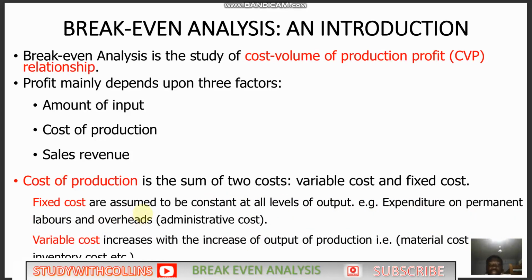Before you can set up a business or a factory, you need to rent a place or buy a land. So the money that you use to purchase a land or rent an apartment or a building is considered to be fixed cost because it does not change and it remains constant. Whether you want to increase your production or reduce, it's constant at all levels.